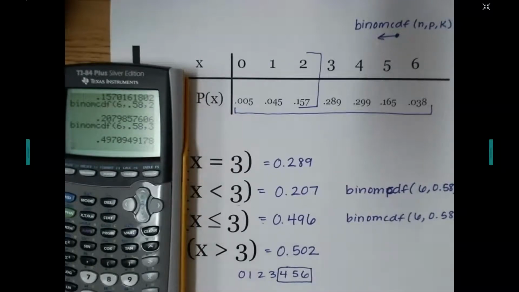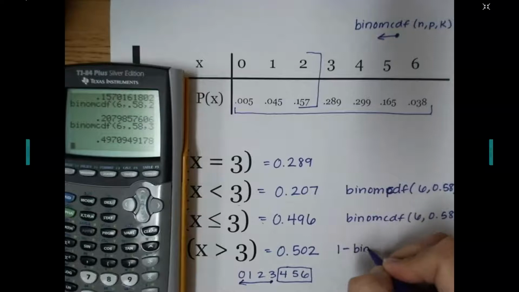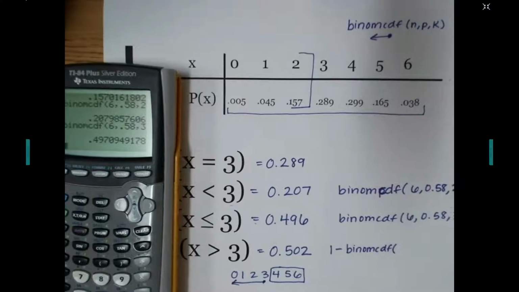So what don't I want? Well, I don't want from 3 back. And so what I can do here is I can say 1 minus binomial CDF, and I can subtract away this cumulative, all of these together, probability. So 1 minus, N is still 6.